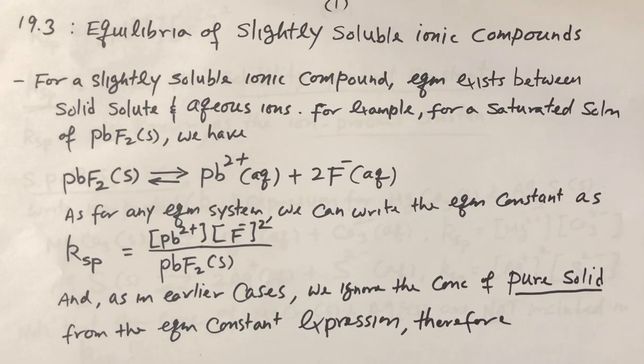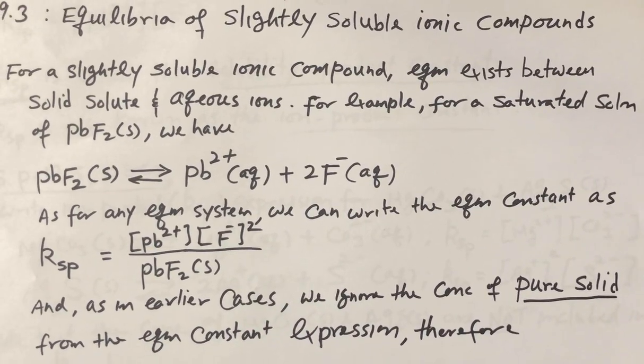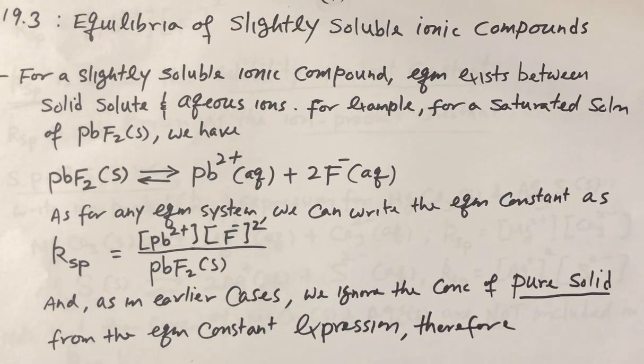For a slightly soluble ionic compound, usually we have equilibrium established between the solid solute and the aqueous ions that are produced due to the dissociation of that solid ionic compound.